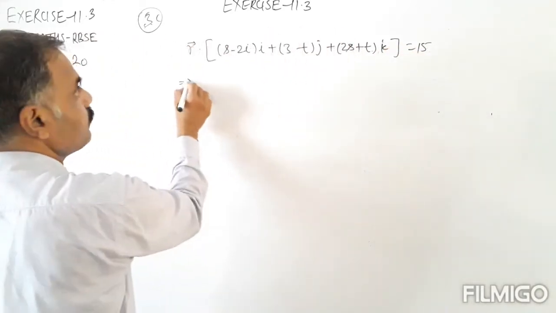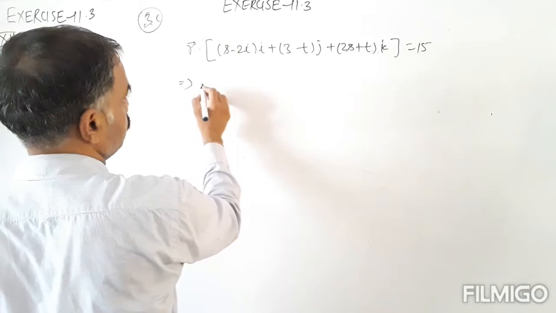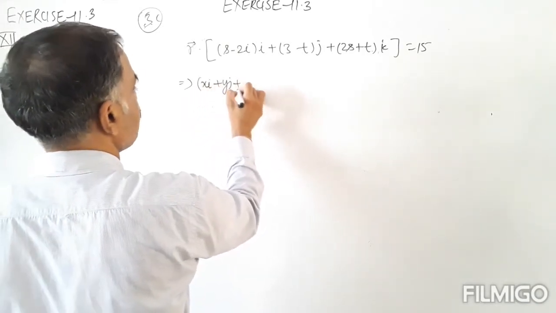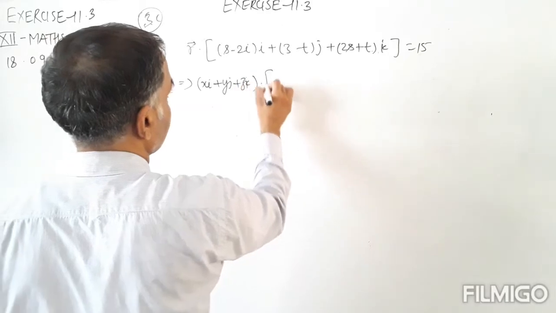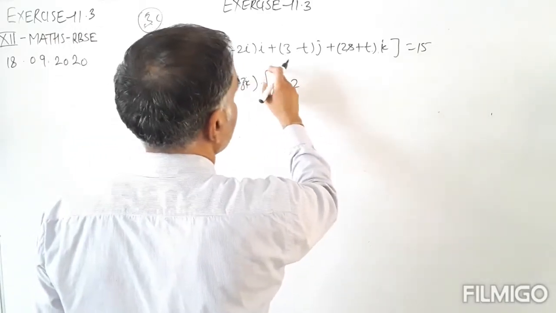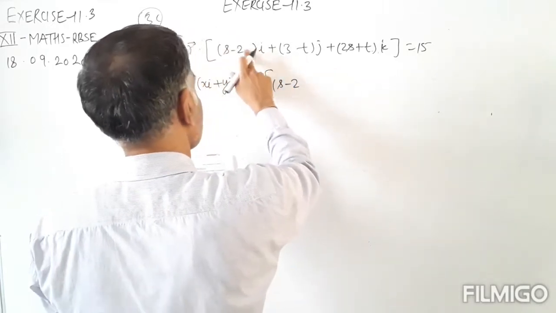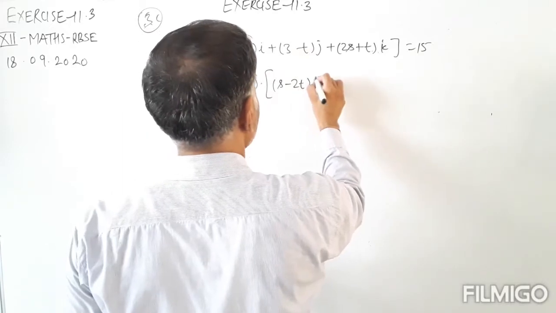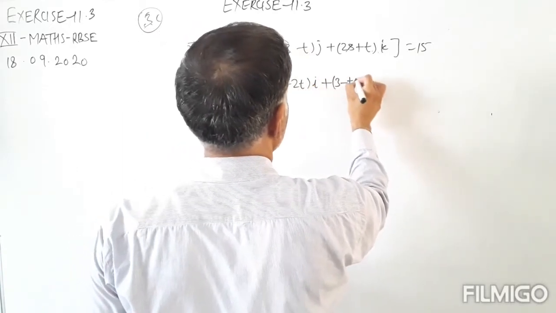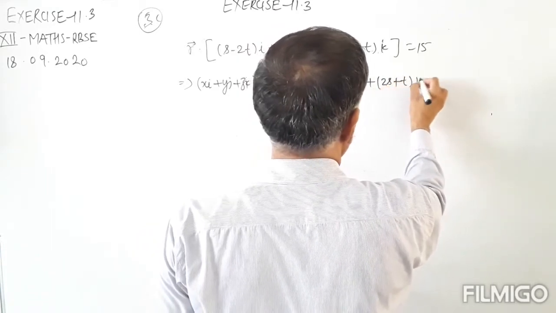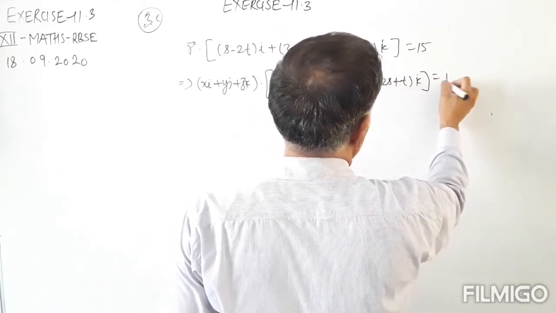Okay, so r vector equals xi cap plus yj cap plus zk cap, dot product of this with (s minus 2t) i cap plus (3 minus t) j cap plus (2s plus t) k cap is equal to 15.